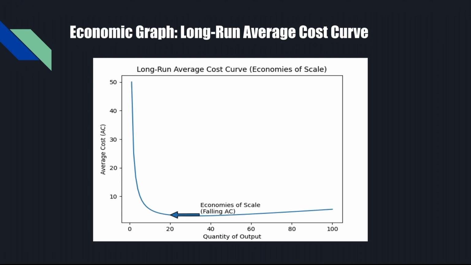On this graph, the horizontal axis represents the quantity of output produced, while the vertical axis represents the cost per unit. The curve slopes downward in the early portion of the graph, and this downward slope represents economies of scale, where increasing production lowers the average cost.